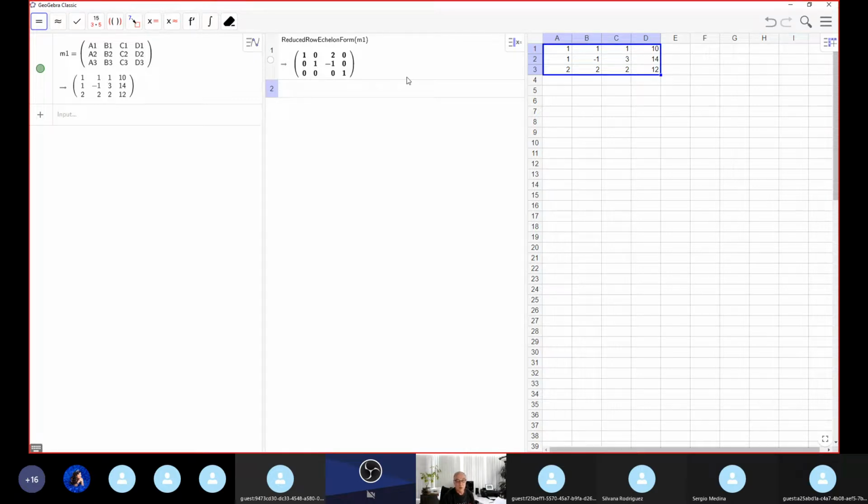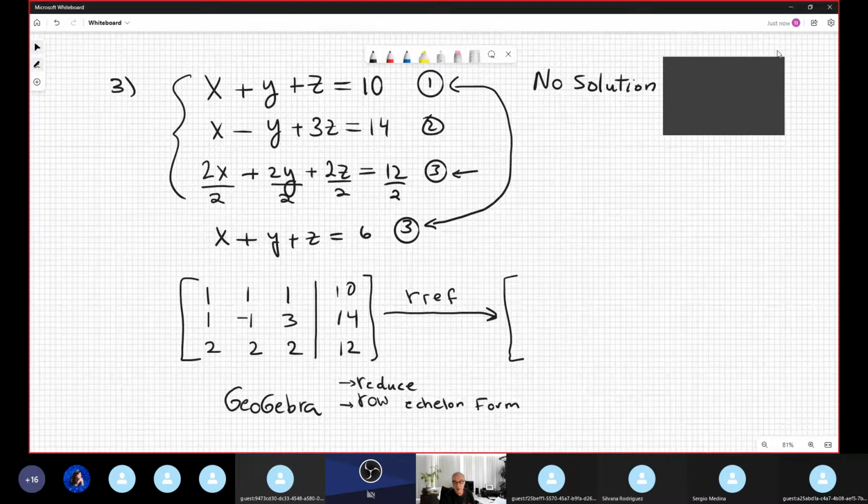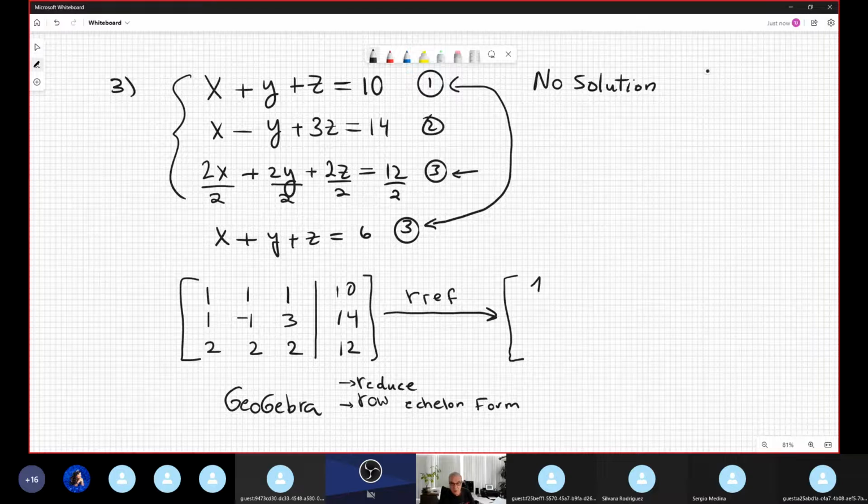Okay, let me try to interpret this answer. Immediately I go to the whiteboard. I copy that number and interpret this. All right. The answer was 1, 0, 2.